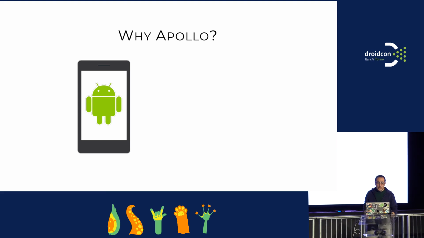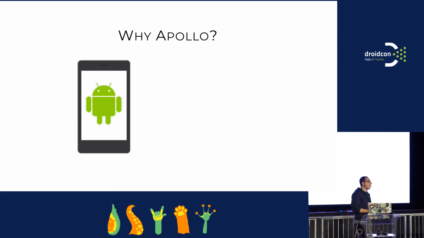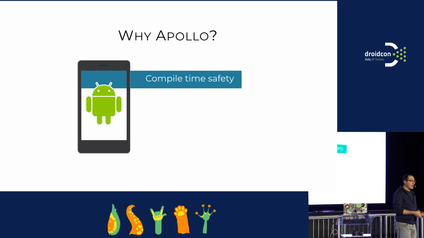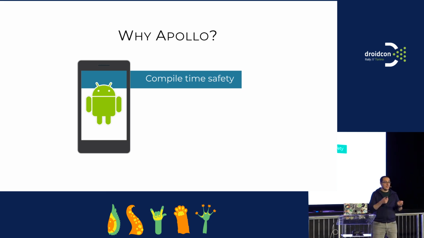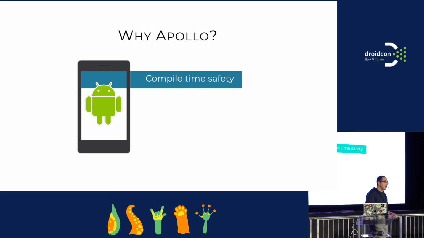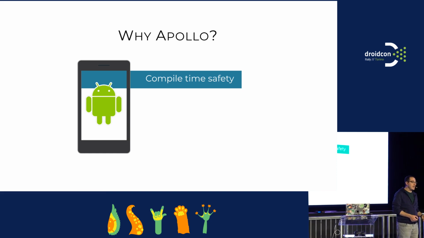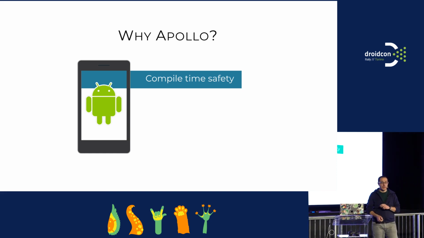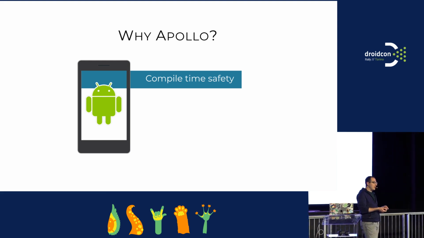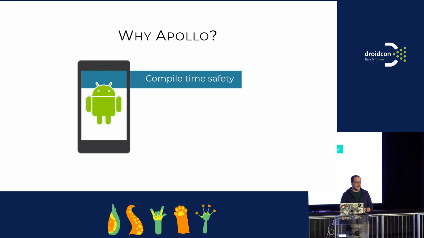Apollo brings us all the features from GraphQL, of course. So, compile time safety. Why compile time safety? Because we just saw that with our tools, we always know if our query is right or wrong. Maybe we didn't copy it well, so when we passed it into Android Studio, we forgot something.